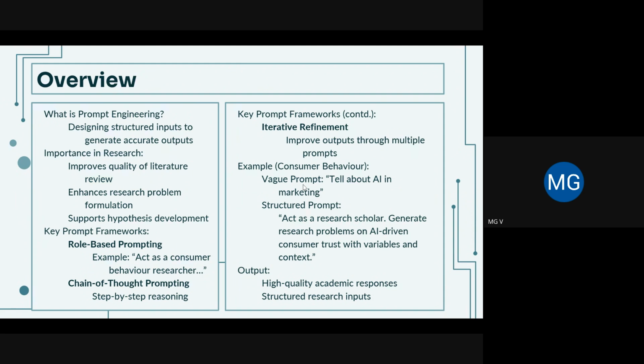Unlike traditional search queries, prompts must be structured to guide AI systems toward producing academically relevant outputs. A vague prompt leads to generic results, whereas a well-designed prompt produces precise and usable research content.